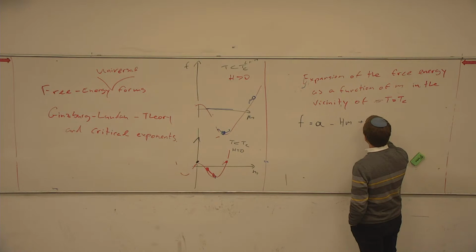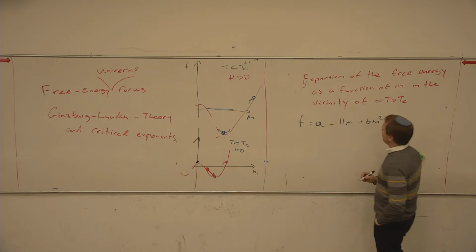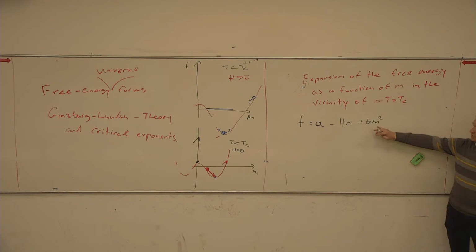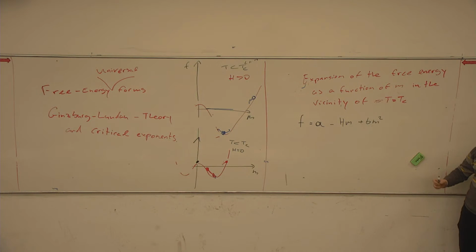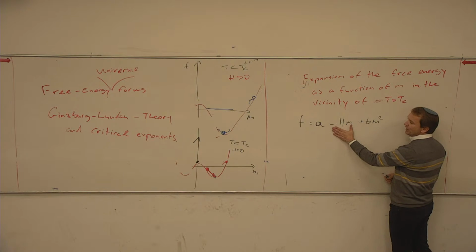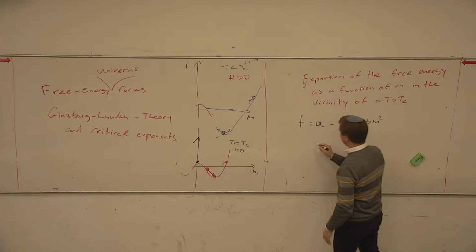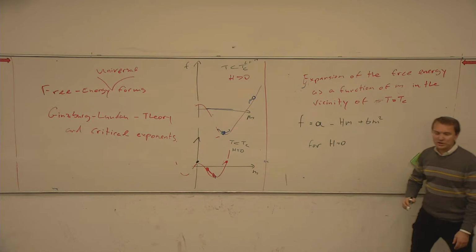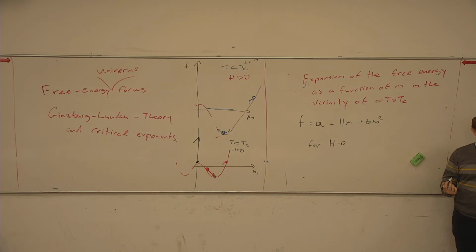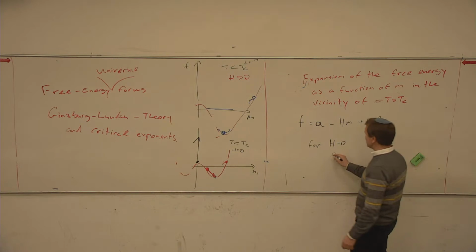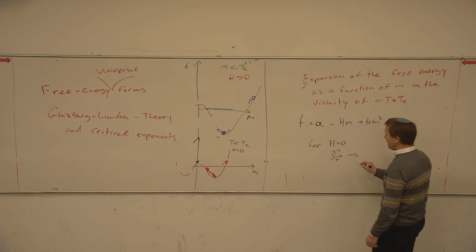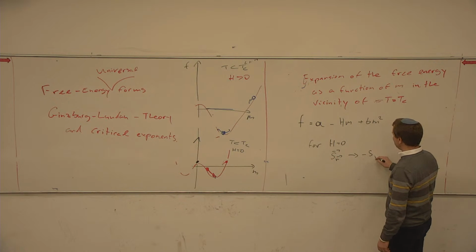All right. Now, an additional term. We should add a term that looks like B multiplied by M to the second power. Why do we add this term? Well, we know that if there is no net magnetic field, so for H equals 0, there is no preference if we take all the spins in the system and change them to their negative sign.